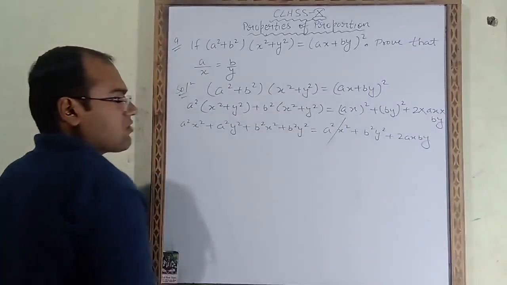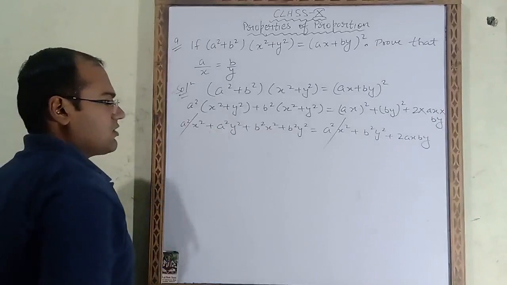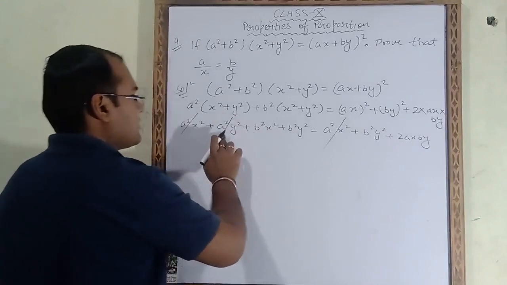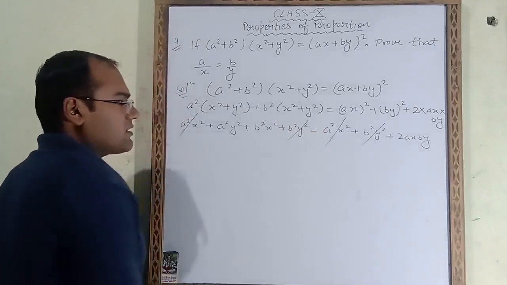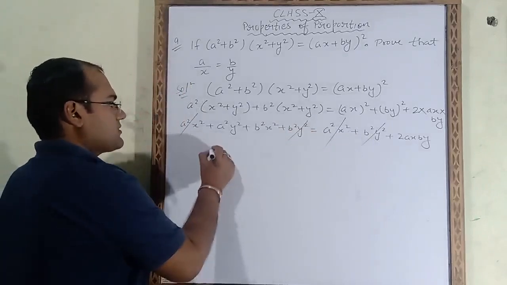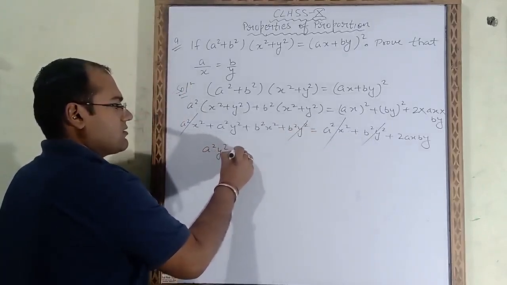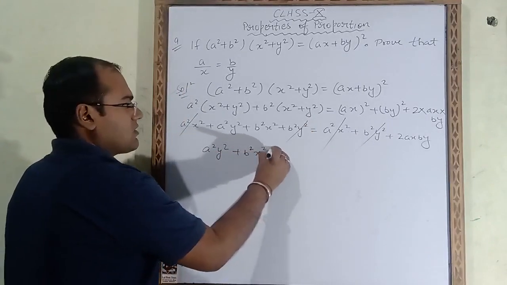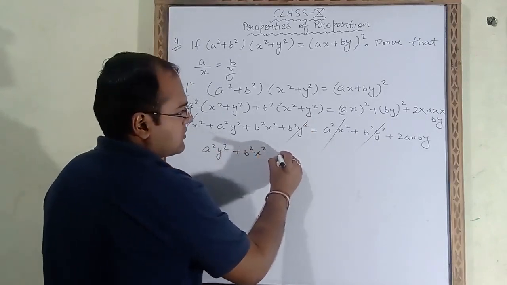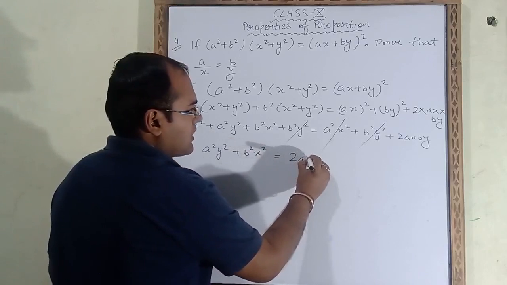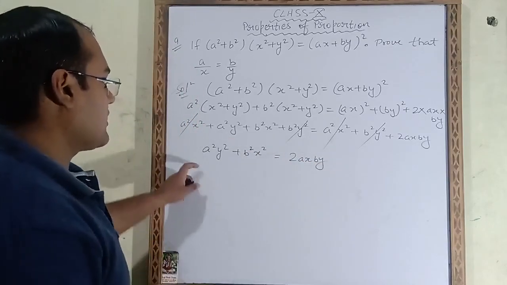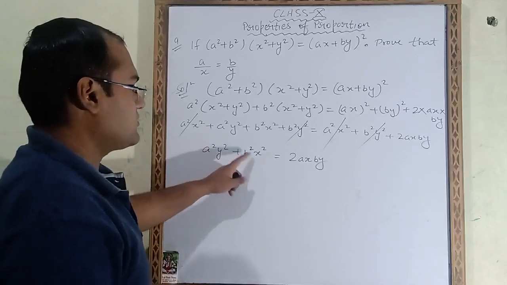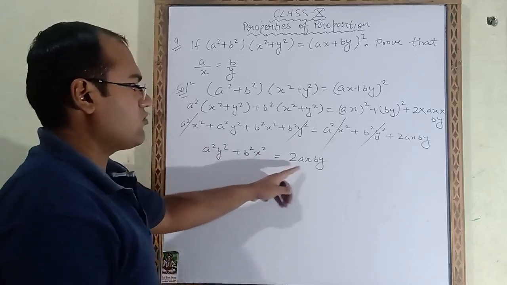A square x square on the right side and a square x square on the left side both get cancelled. In the same way, plus b square y square will also get cancelled. So the remaining terms are a square y square plus b square x square is equal to 2axby.